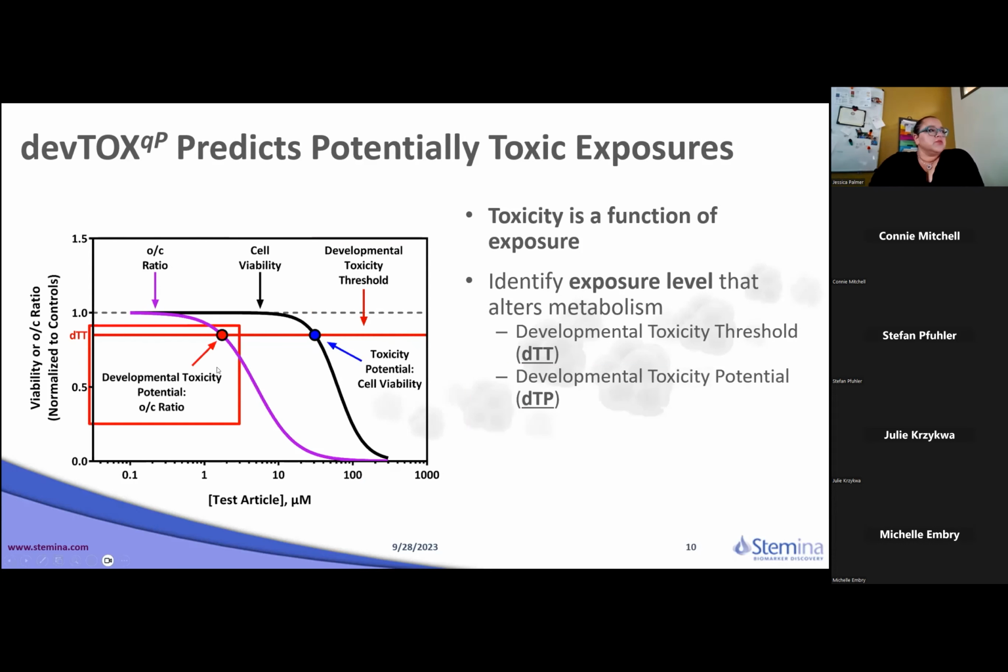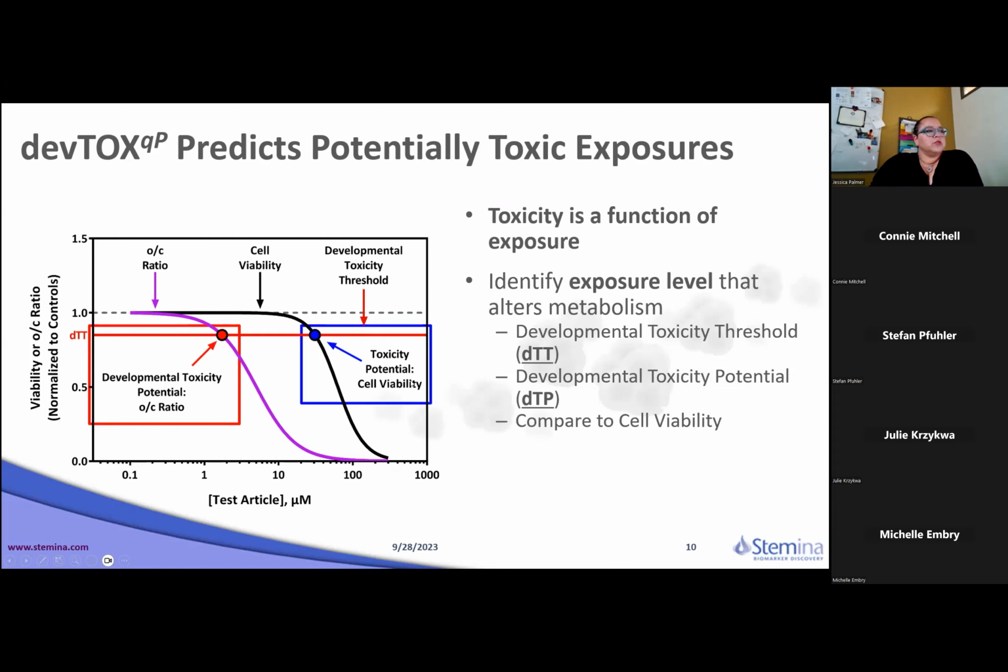And so using this threshold, we'll predict from the OC ratio what we call our developmental toxicity potential concentration. So I'll refer to that probably as the DTP when I'm talking about the results from this study. And this is the point at which the dose response curve for the OC ratio crosses the threshold. So it's an interpolated value based on the model that is fit to the data points.